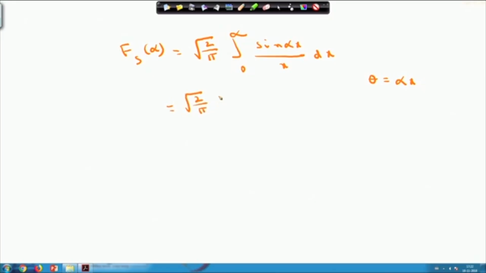This will become root over 2 by pi, 0 to infinity, sin theta by theta d theta, and I know the value of 0 to infinity sin theta by theta d theta is nothing but pi by 2. So, the result will become root over pi by 2, with the very simple knowledge that 0 to infinity sin theta by theta d theta equals pi by 2.